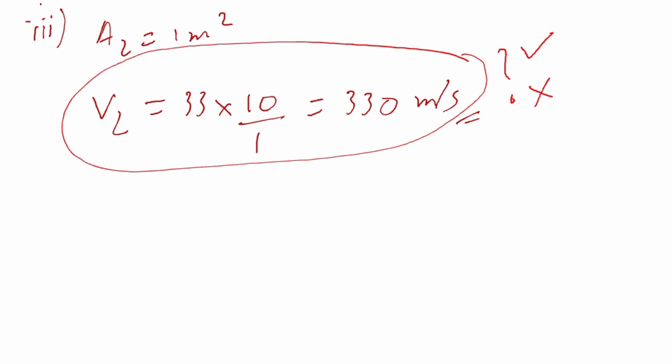If you would have actually done a test, let's say if it was air coming into the nozzle, you would see that you are probably not going to get 330 meters per second at V2. So your calculation is somehow wrong. So the question is, what is the issue? What broke down?